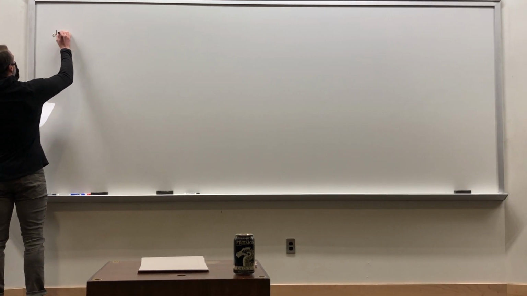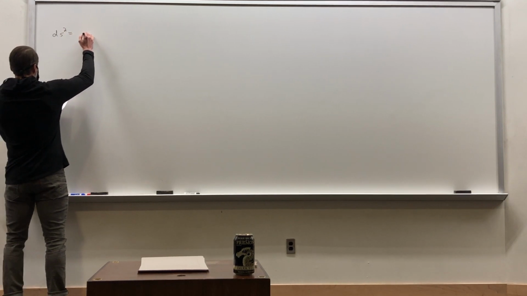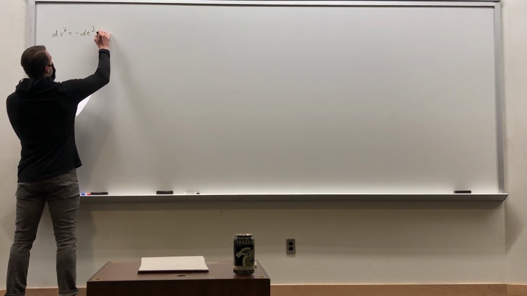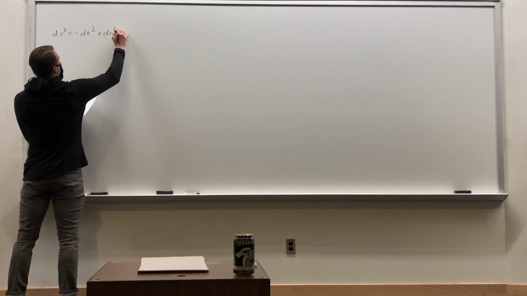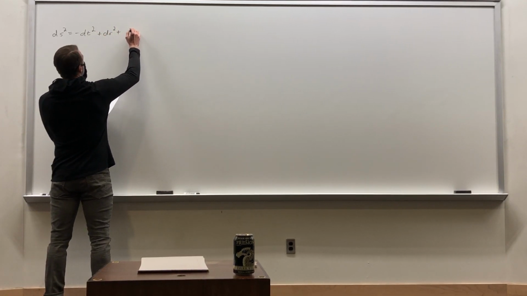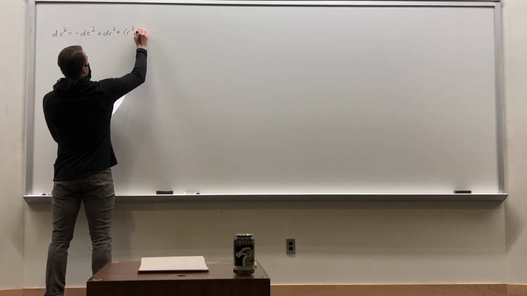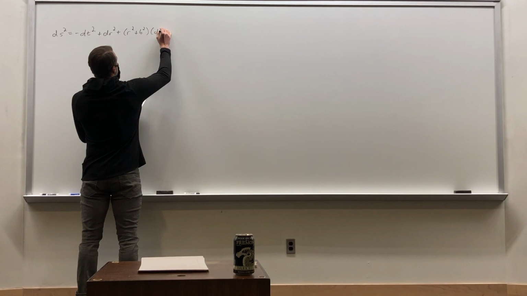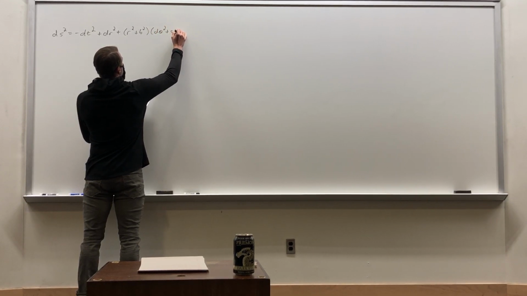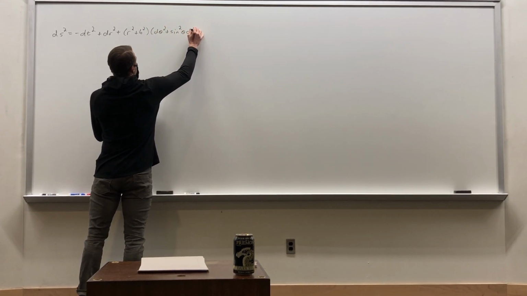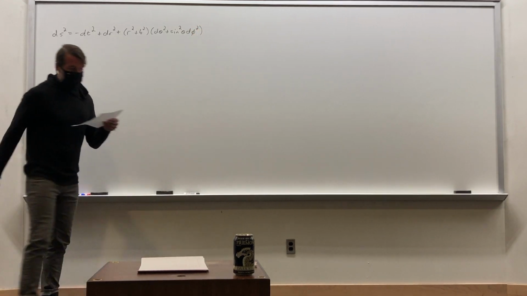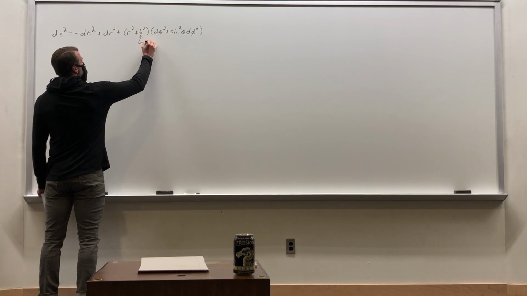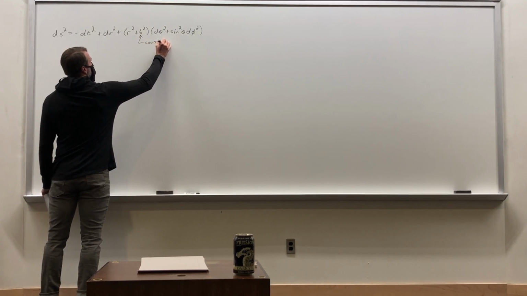So consider the space described by the following metric: minus dt squared plus dr squared plus (r squared plus b squared) times (d theta squared plus sine squared theta d phi squared). Okay? Where this b is just a constant, nothing weird.